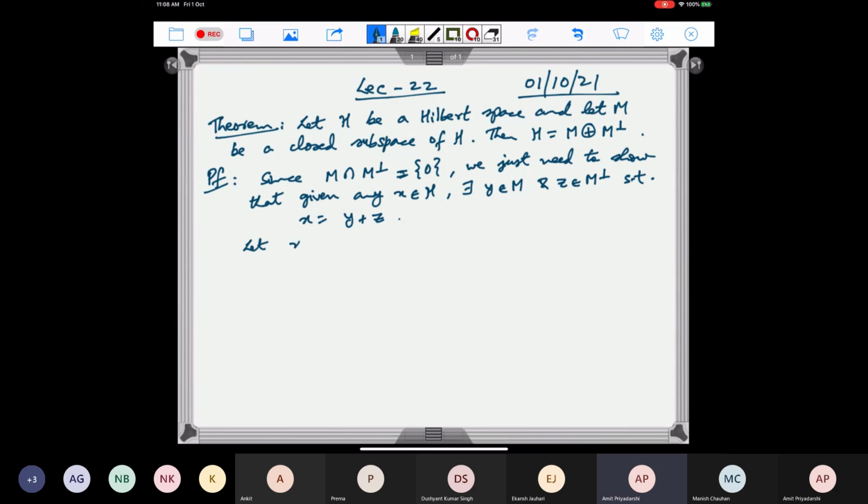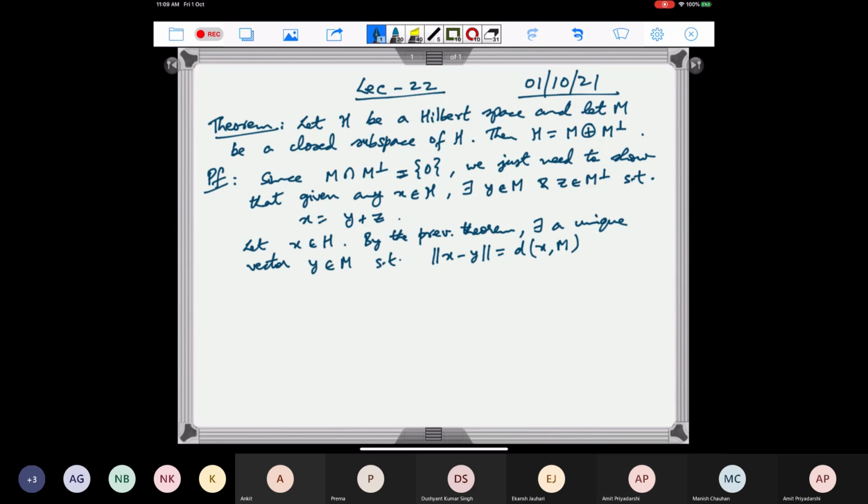So let x be any vector in H. By the previous theorem, there exists a unique vector y in M such that norm of x minus y is equal to the distance of x to M. So we have got a vector in M. Now we claim that this y will be the required vector.